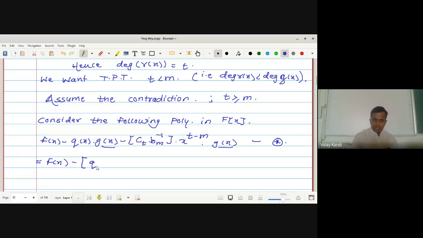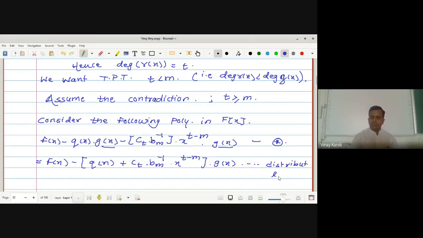Okay, what we get then? q of x plus ct into bm raised to minus 1, that is inverse of bm, into x raised to t minus m into g of x. Okay, कॉमन घेतलं का इथे आपण? नाही. काय वापरलंय? डिस्ट्रीब्युटिव्ह लॉ.